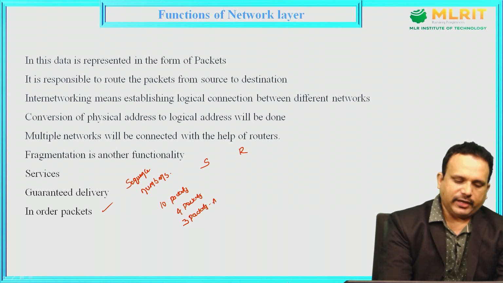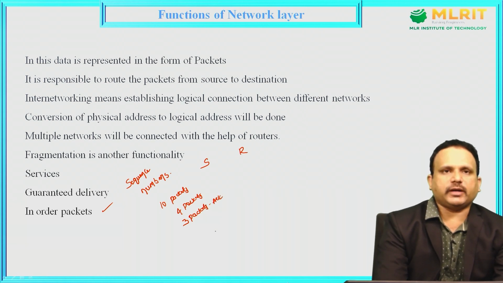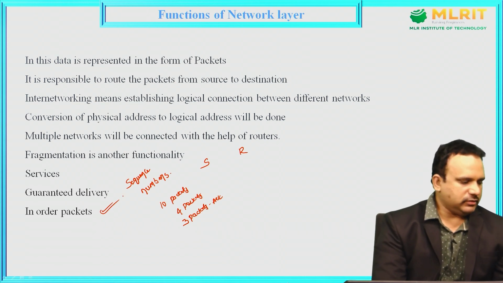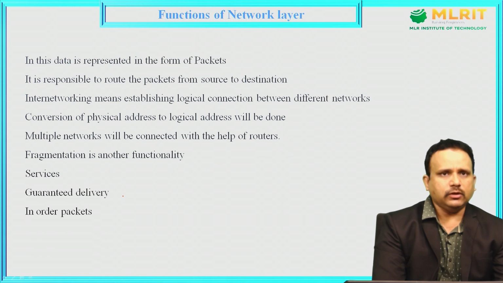Acknowledgement, we call it an acknowledgement. So what happens in this case? You don't know how many packets have reached the receiver correctly and how many have been acknowledged. So in order to overcome the duplication of the packets or the retransmission of the packets, we use in order packets, that we call sequence numbers. So this is about the network layer.